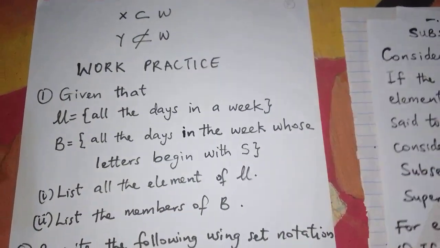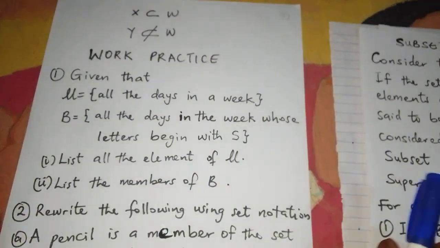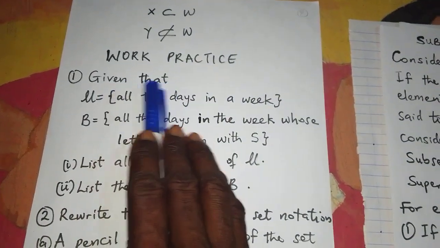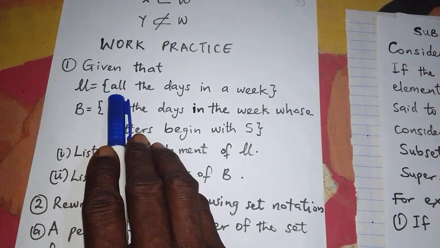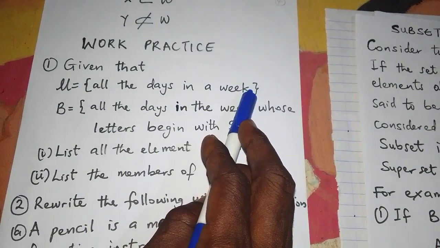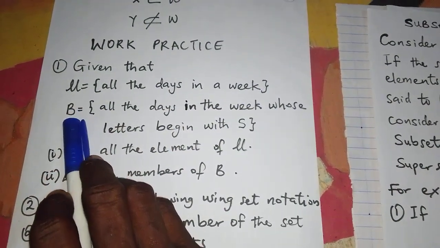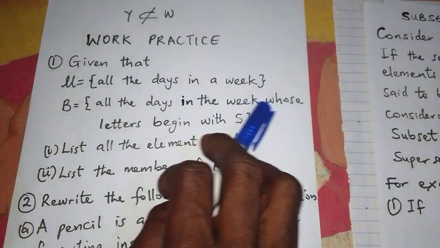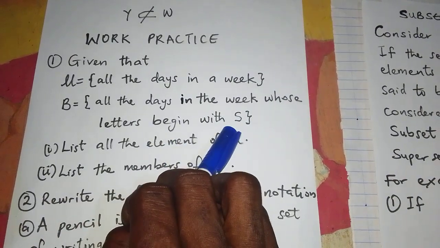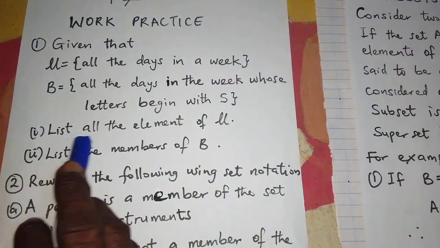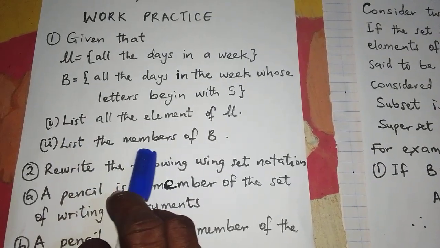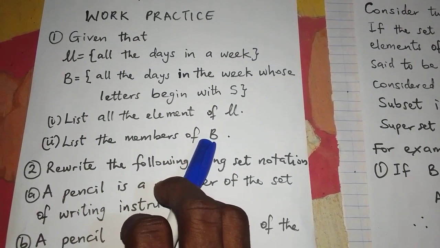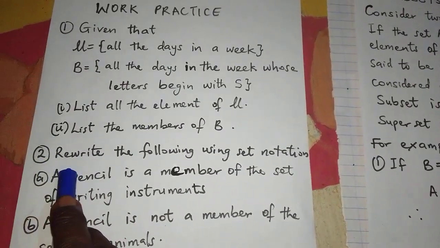Now, for your work practice, you are going to do this. Given that the universal set U contains all the days in a week, and in set B you have all the days in the week whose letters begin with S. 1. List all the elements of set U. List the members of set B. 2.